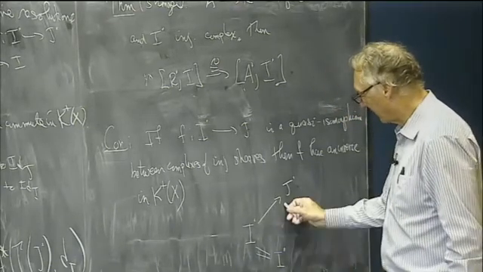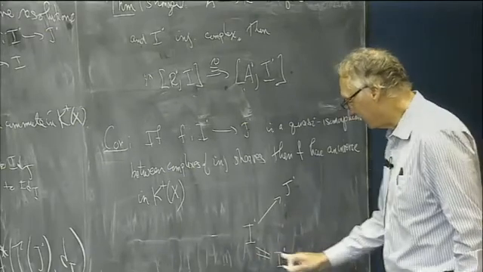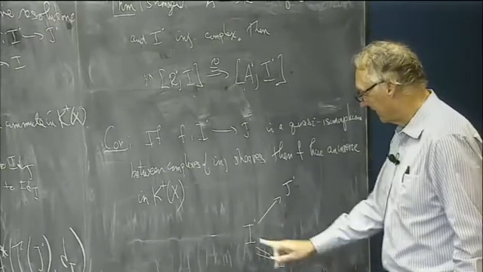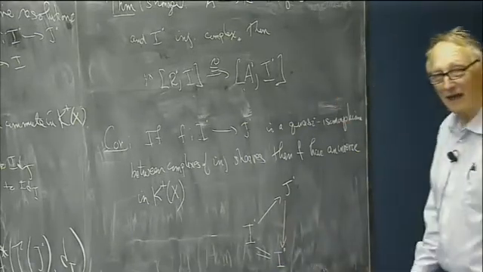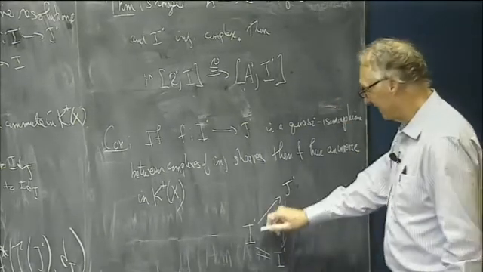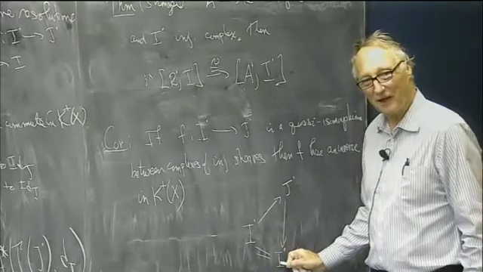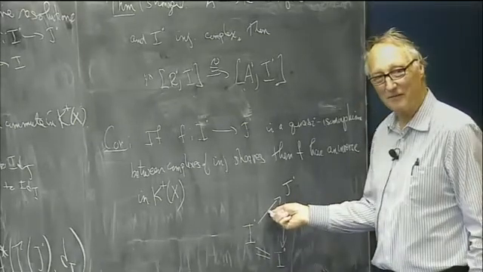Oh, but now the map goes this way. So maybe this is an injective resolution, and this is a resolution. So I get a map like that, so that this diagram commutes up to chain homotopy. So that's the chain homotopy inverse for this guy.